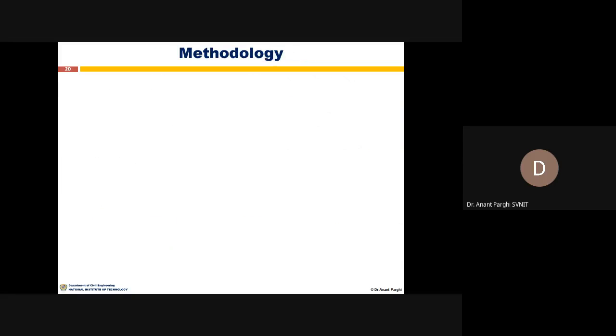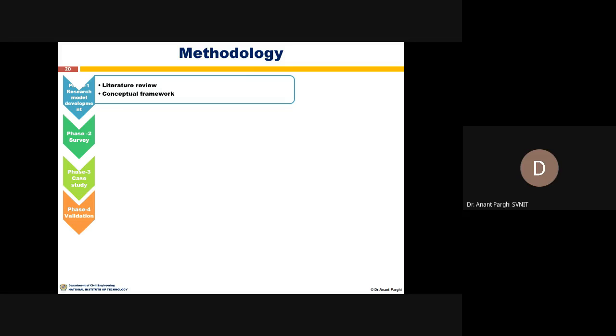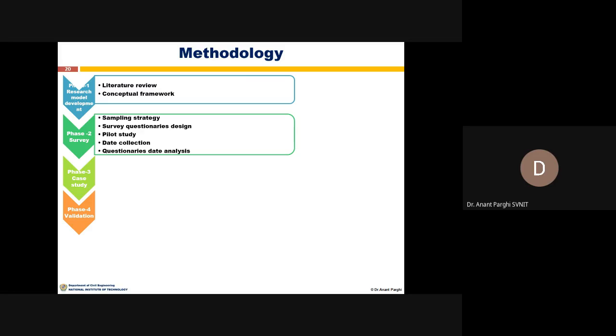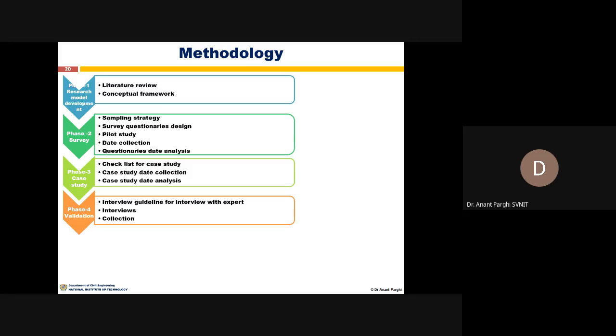So now methodology. What we need to include in the methodology: research model development, phase one, phase two. Phase one covers review of the literature, conceptual framework, then sampling, survey questionnaire design, pilot study, and data collection. Then case study data collection and case study data analysis, and sometimes interviews with experts, with interview guidelines and collection of data.